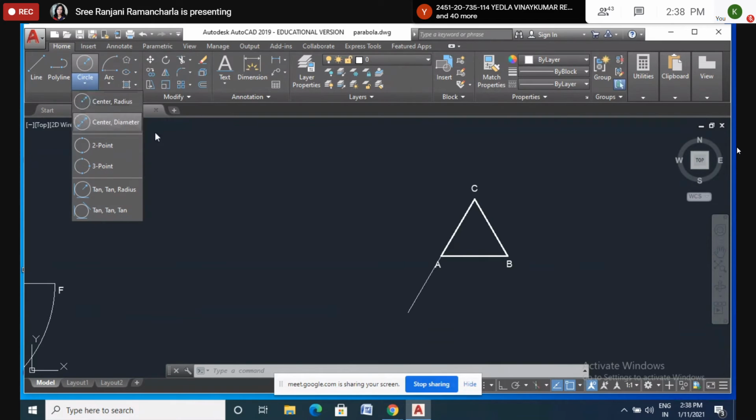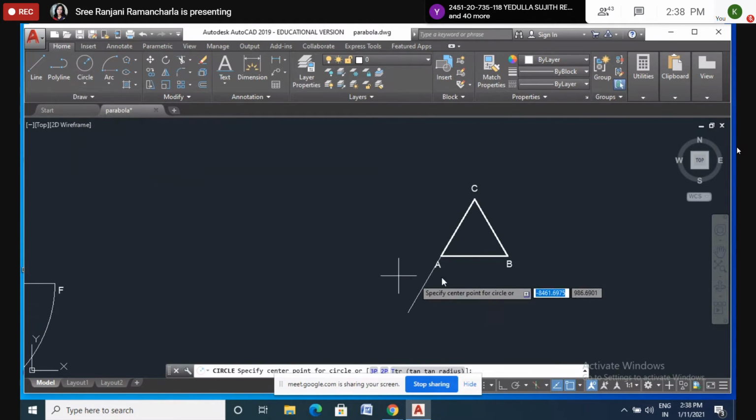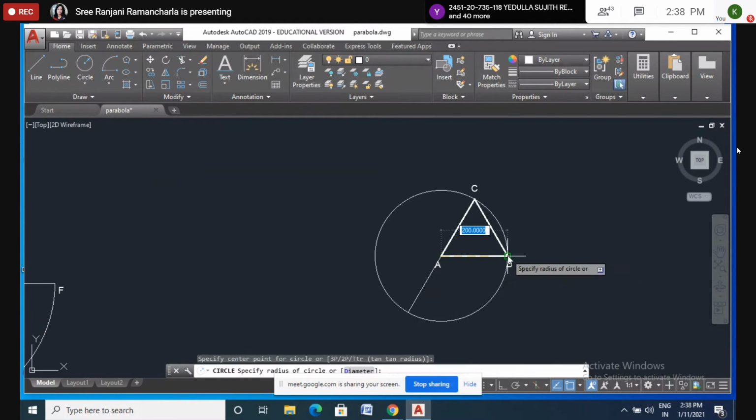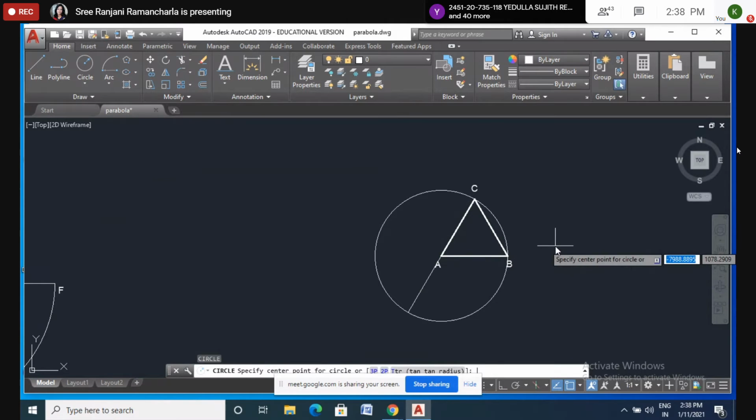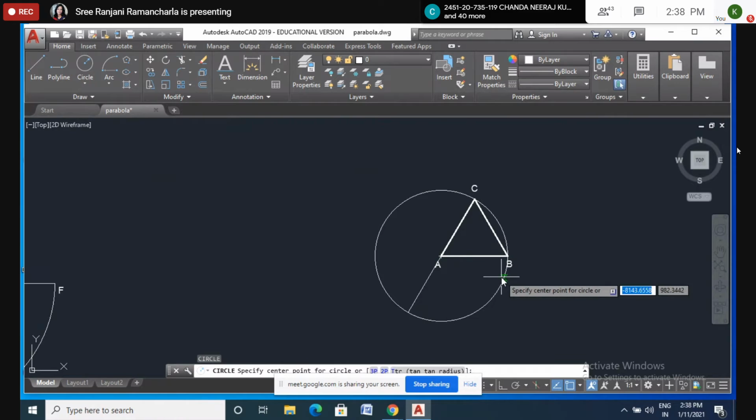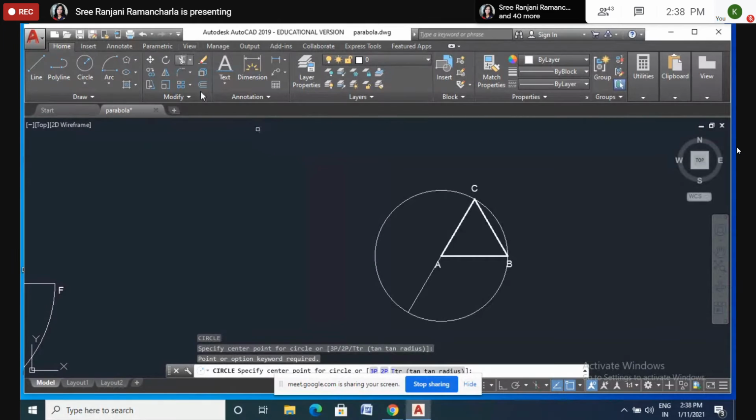So what I do, I will draw a circle and I will trim that one. The circle will go anti-clockwise, but we want the clockwise direction, so I want to trim this one.